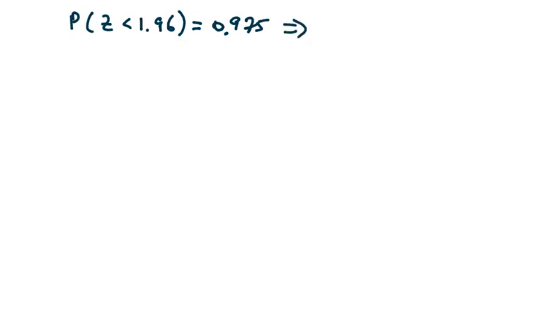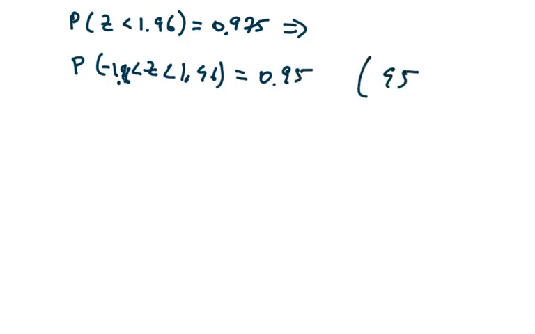From here we can find that the probability that Z is between minus 1.96 and 1.96 is 0.95.